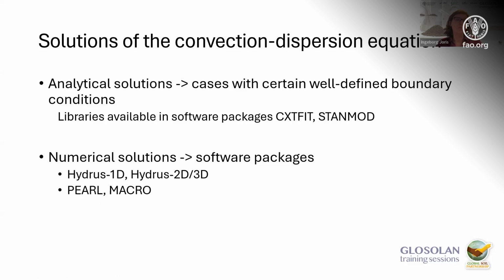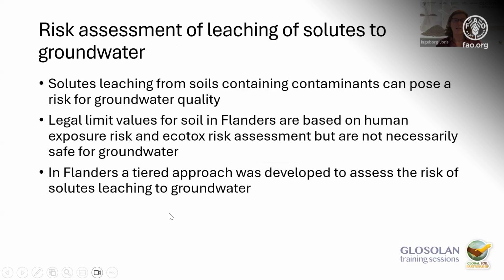So you don't have to figure out the processes yourself, but hopefully now you do know what the parameters that the models ask for stand for, or what they mean. Next I will describe two applications of this type of modeling more practically in the soil management context. But maybe we should stop for questions now, Christophe, or should I continue?